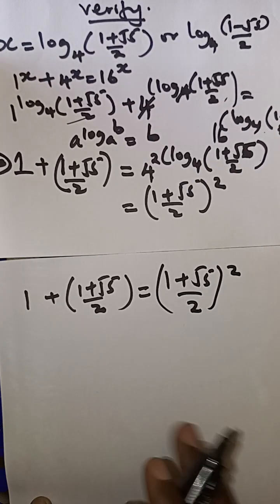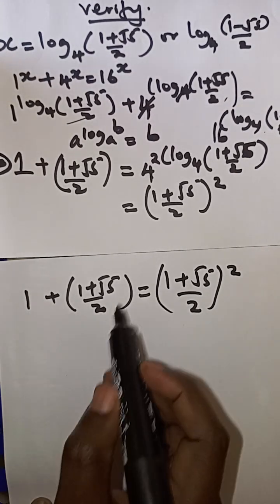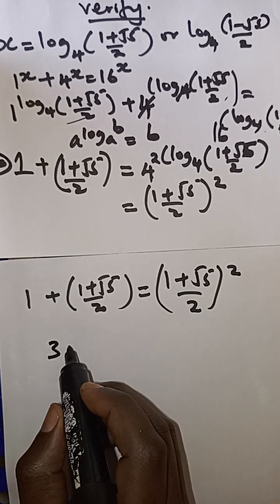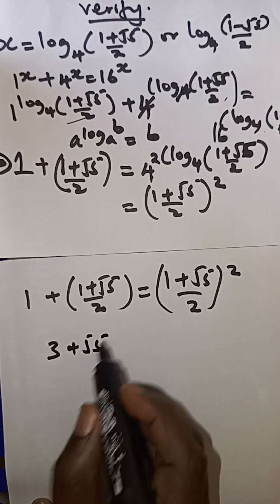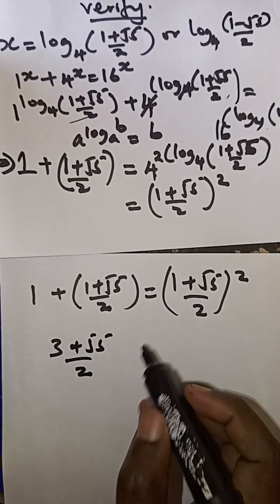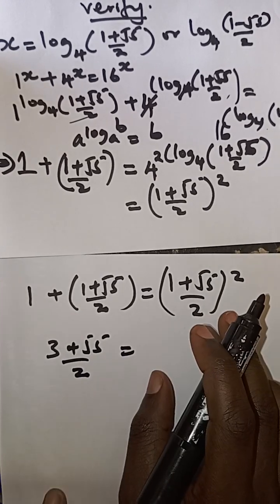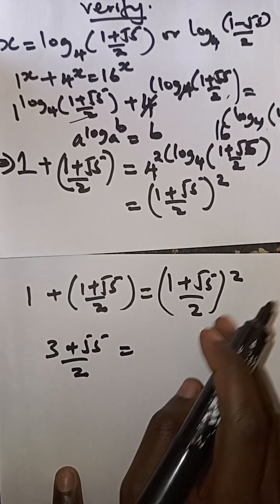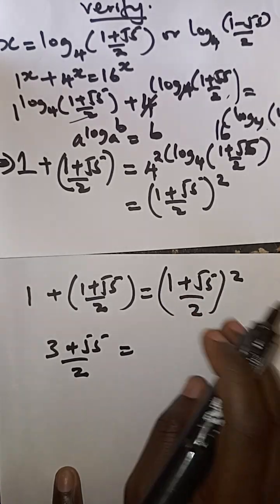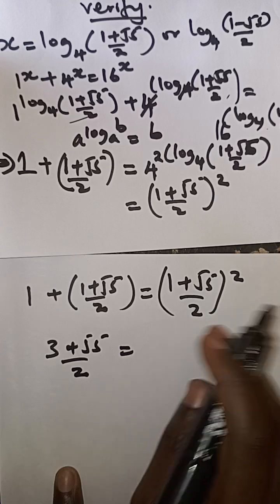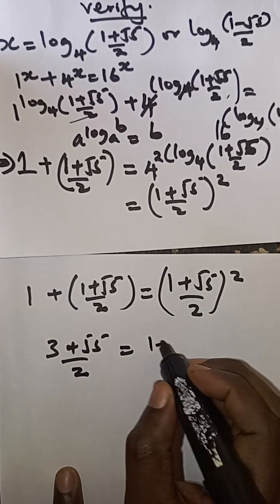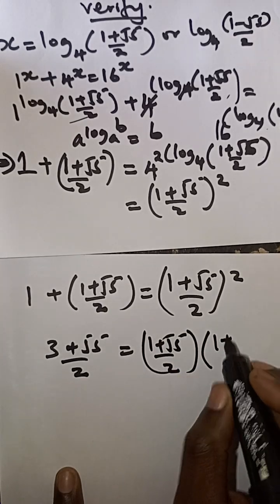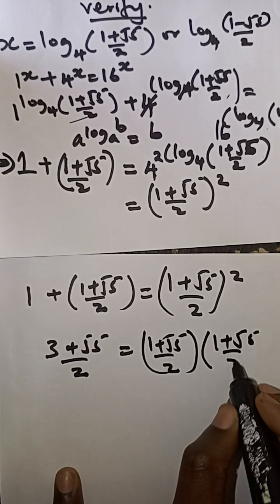Rewriting the left hand side as a single fraction, I'm going to end up with (3 plus root 5) over 2. And on my right hand side, if you square this and work it properly, I'm going to have (1 plus root 5) over 2 multiplied by (1 plus root 5) over 2.